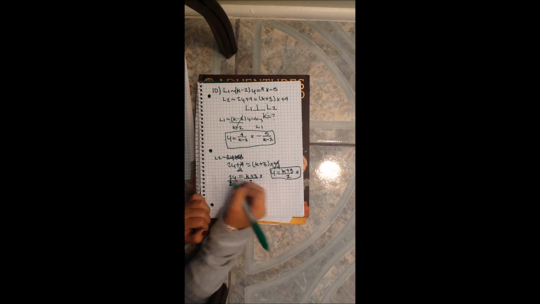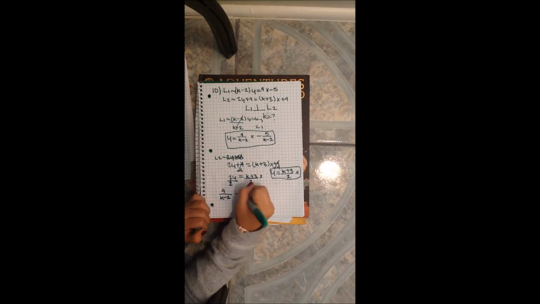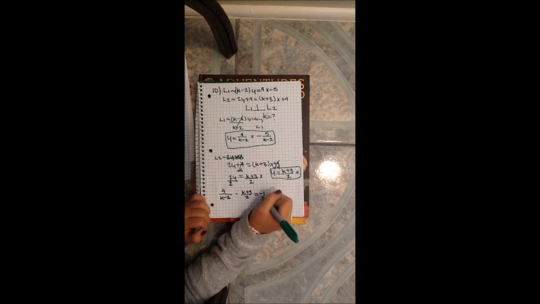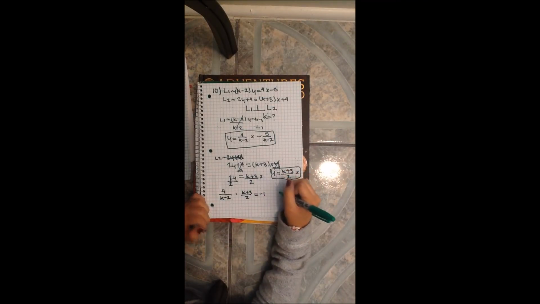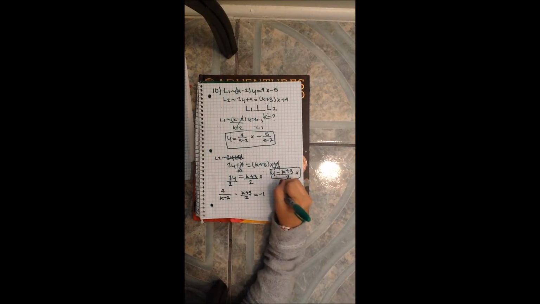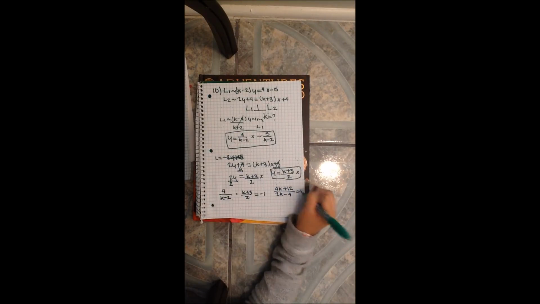Now that you have both of your slopes, you do 4 over k minus 2 times k plus 3 over 2 has to equal negative 1. So you multiply across, and you get 4k plus 12 over 2k minus 4 equals negative 1.